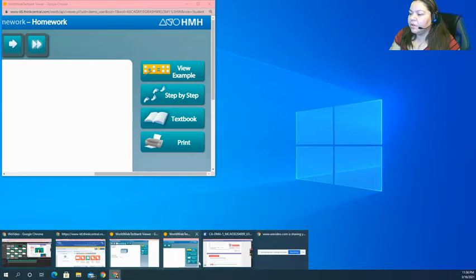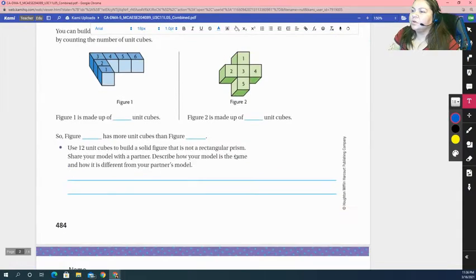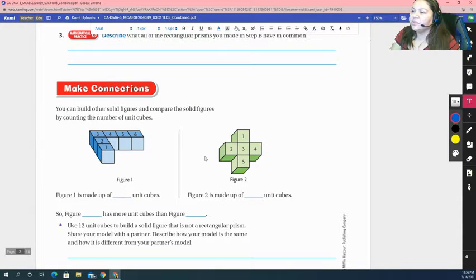In our book, if we go down to our examples here, making connections, you can build other solid figures and compare the solid figures by counting the number of unit cubes. So we can see their volume, how much space they take, by counting unit cubes. Here we have a solid figure, and we have 1, 2, 3, 4, 5, 6.